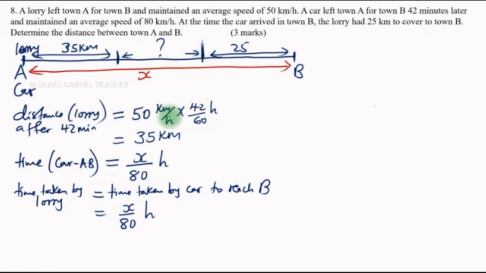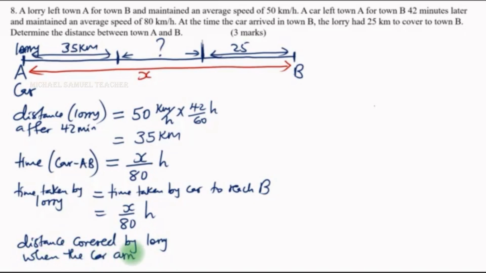So it will be the distance covered by the lorry when the car arrived at town B, to be 35 plus, now, the other distance, so it is actually speed times time, and it will take x over 80.